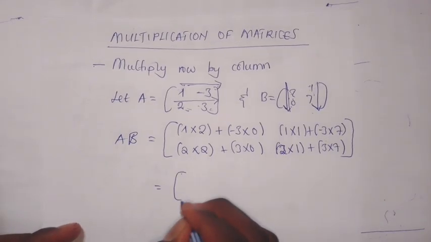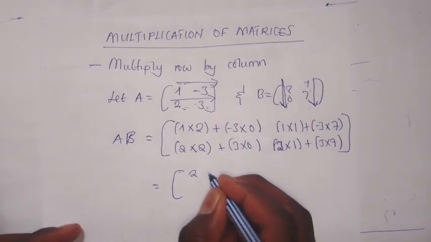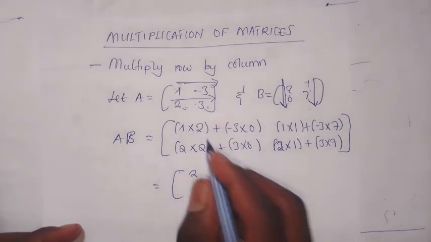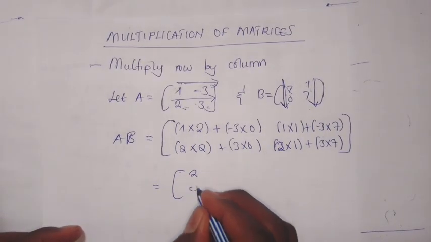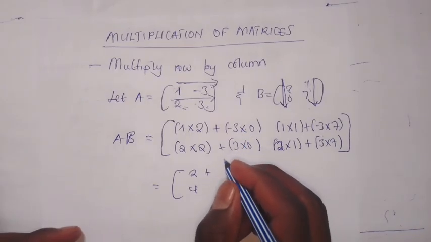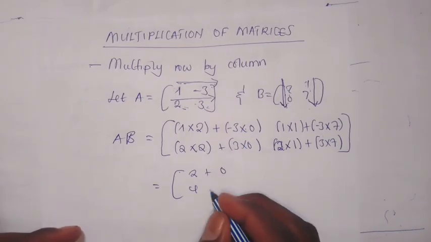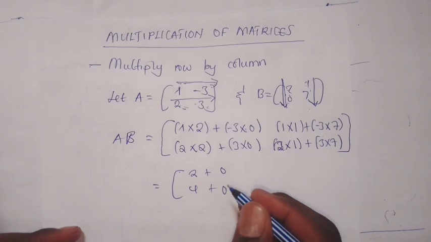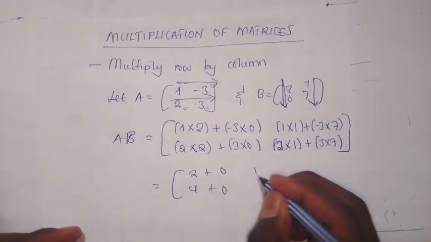You say 1 times 1 is 1. 1 times 2 is 2. 2 times 2 is 4. Plus 3 times 0 it's 0. 3 times 0 it's 0. 1 times 1 is 1.